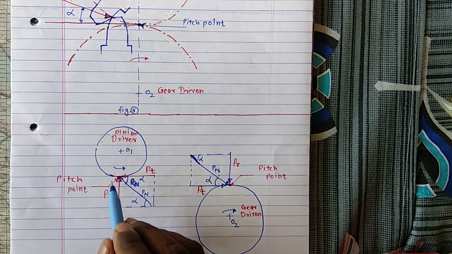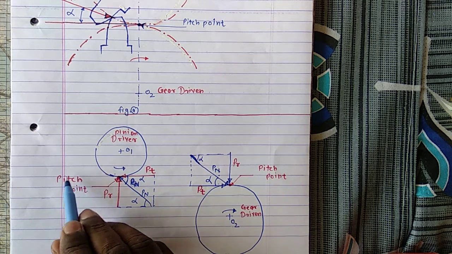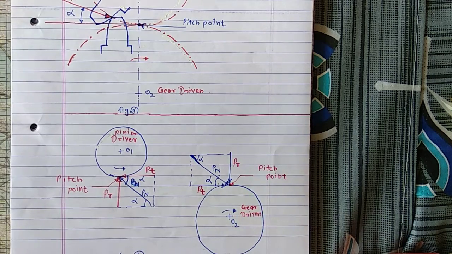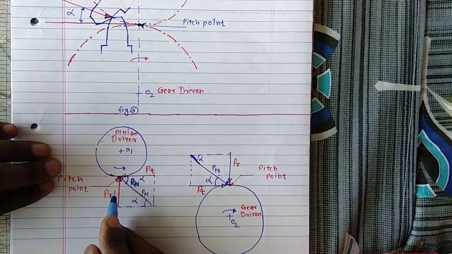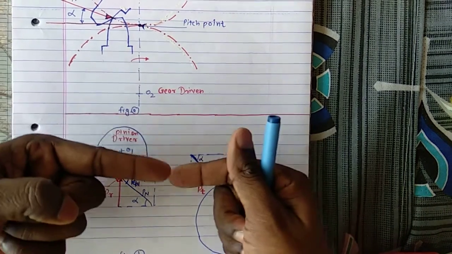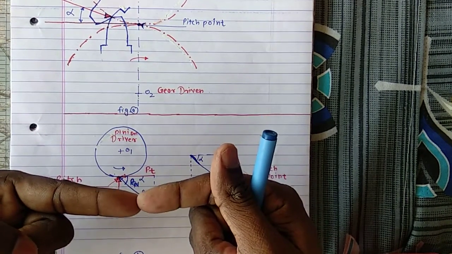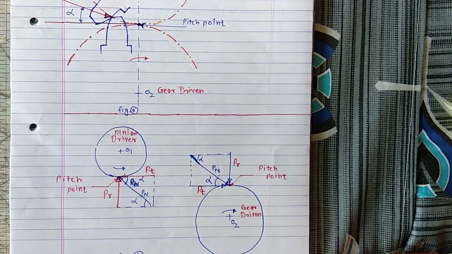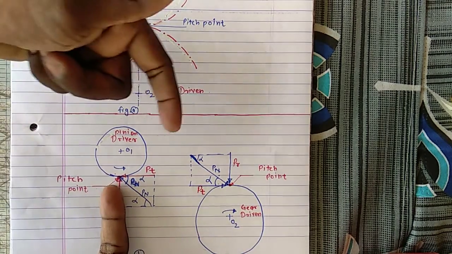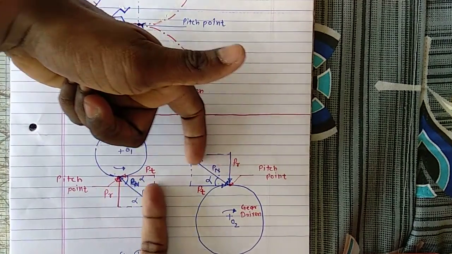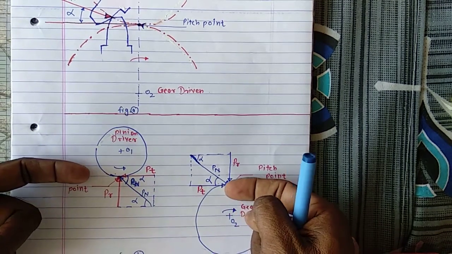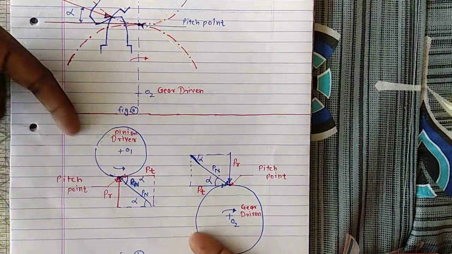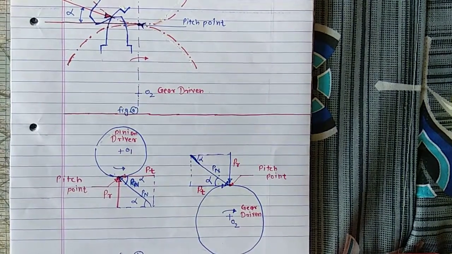But these are acting at the pitch point. That is very important, because if I superimpose these two figures at the pitch point, you will observe these tangential forces PT will be equal and opposite. The same thing holds for the radial force PR. This is PR and this is PR. If I superimpose the figures, the radial forces PR will be like this, the tangential forces PT will be like this, and the resultant forces Pn will be like this.